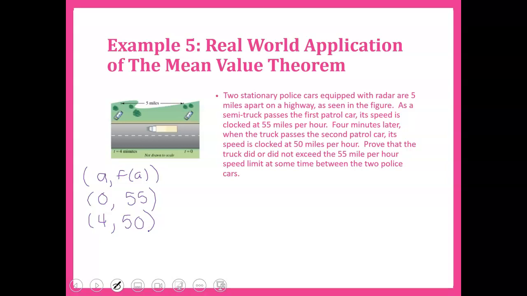So what's the first thing you would think to do? Yeah, find the average speed, right? Find the speed from point A to point B. So you get -5/4.